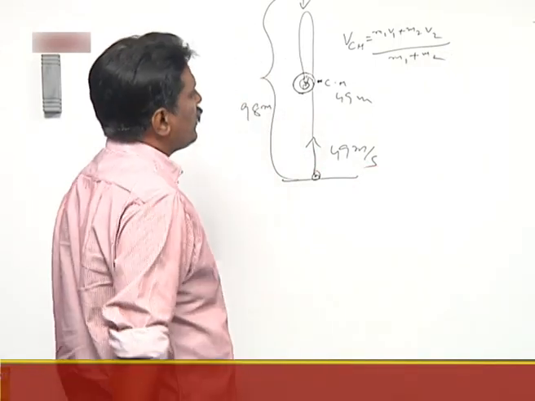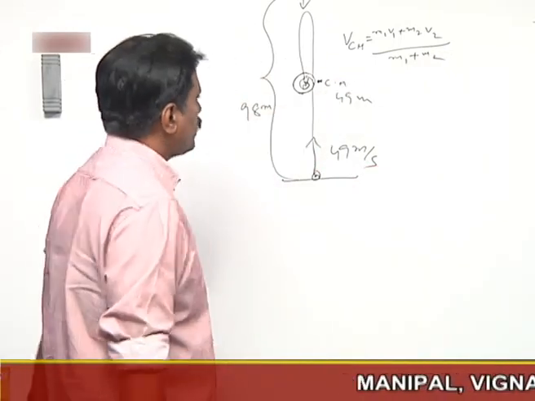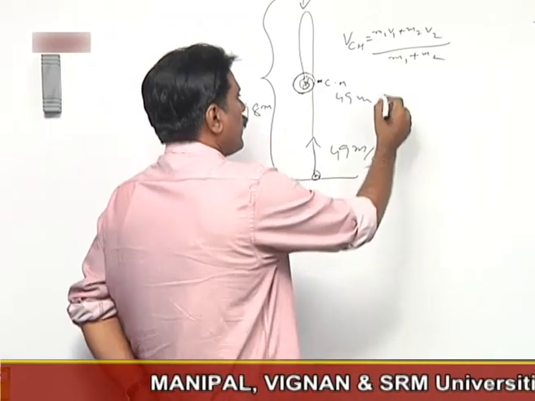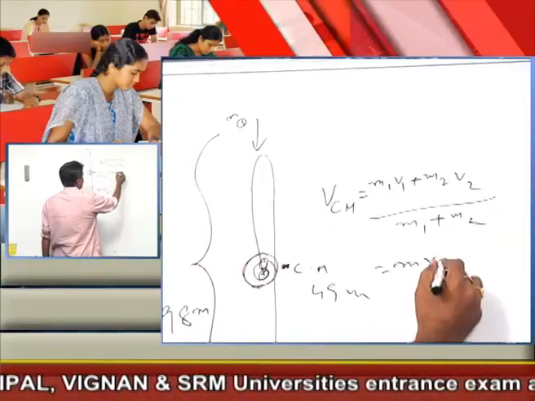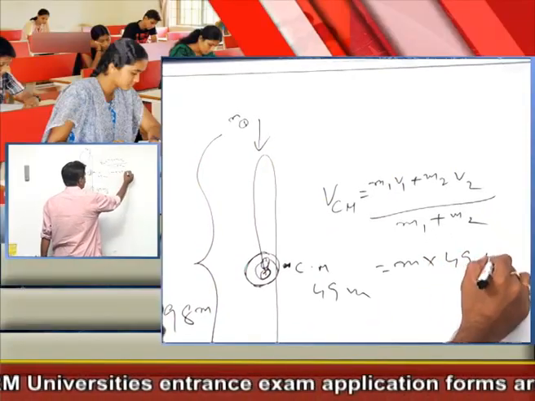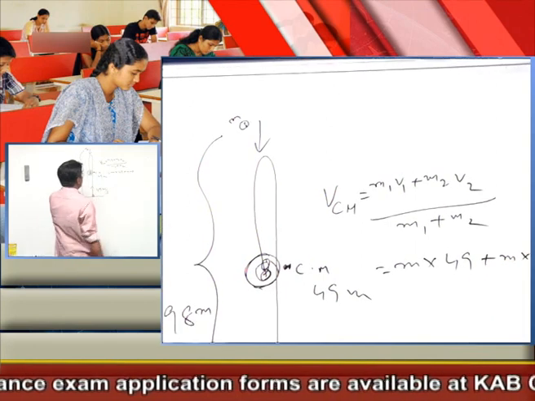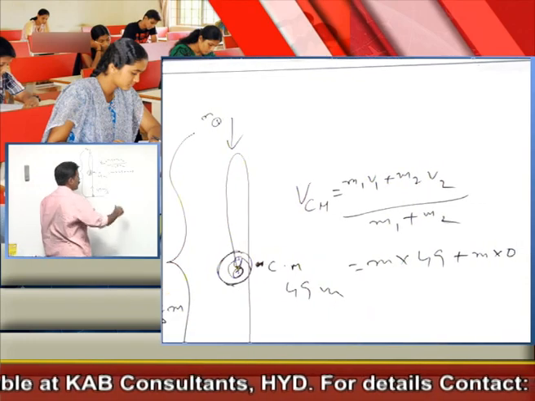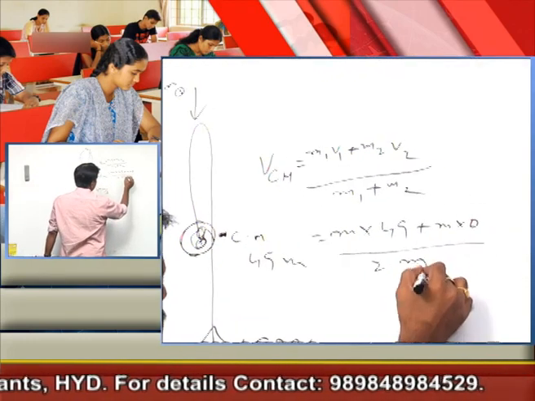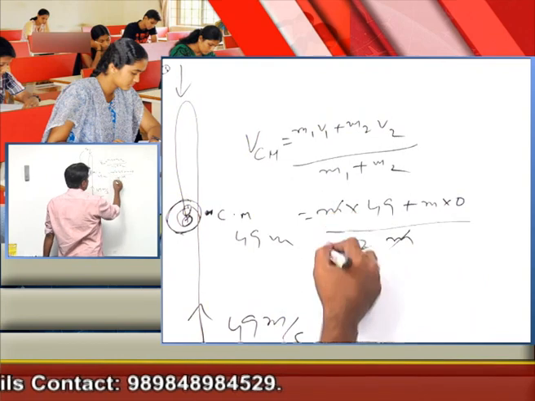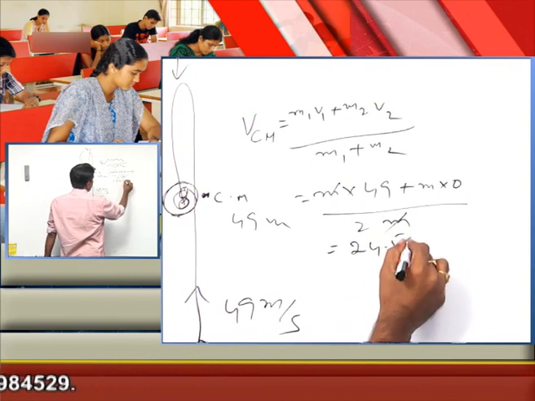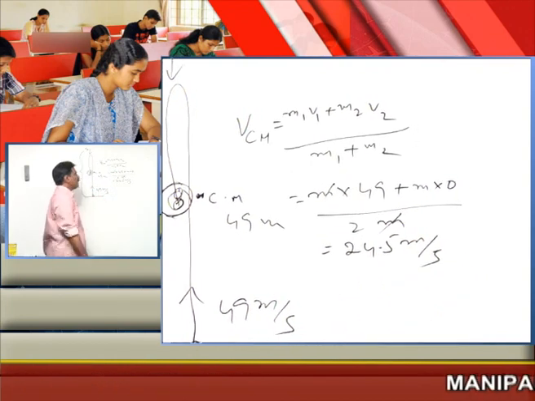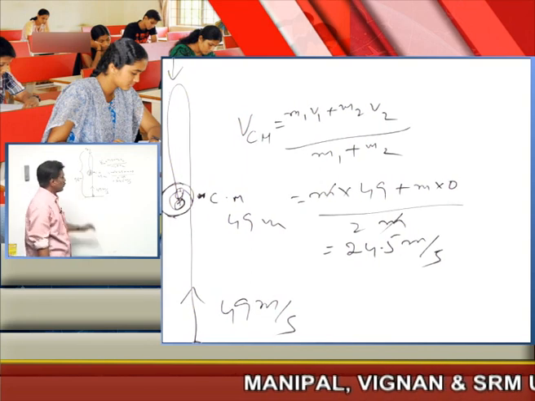If you apply this relation, you will get the velocity of center of mass initially. m1 is m, v1 is 49, plus m2 is m. Initial velocity for this body is 0 because it is dropped. Dropped means initial velocity is 0, by 2m. So what we will have is 24.5 meters per second is the velocity of center of mass of the two particles.